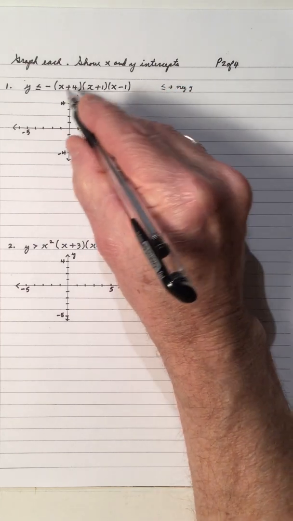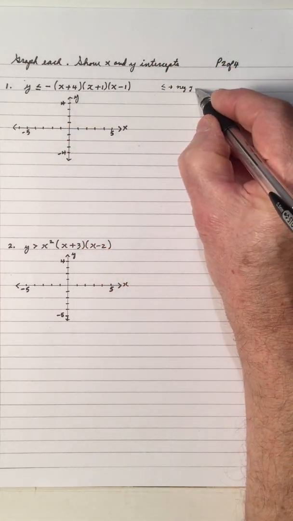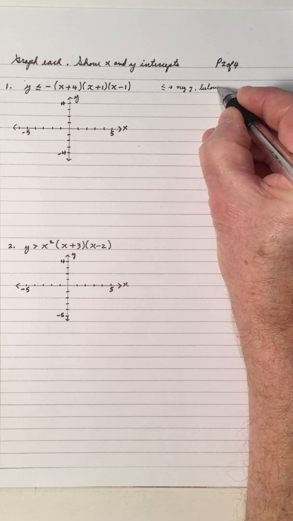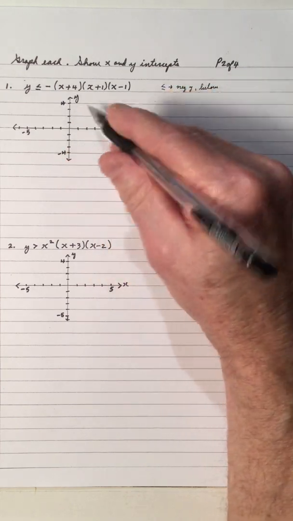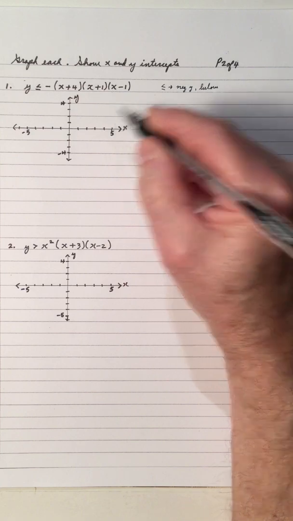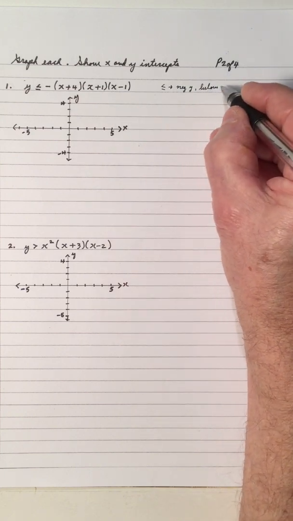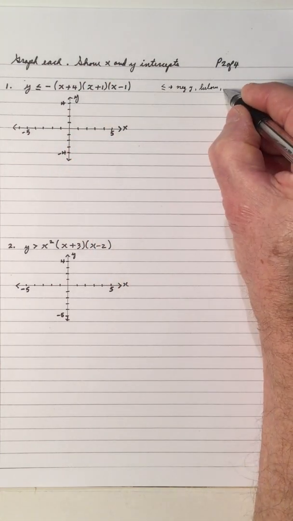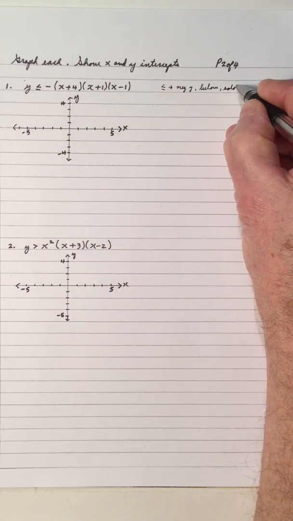And we're looking at less than, so I always say it's below the graph after you have the graph drawn. And notice that the boundary line is equal to, so the boundary line is what I call solid.